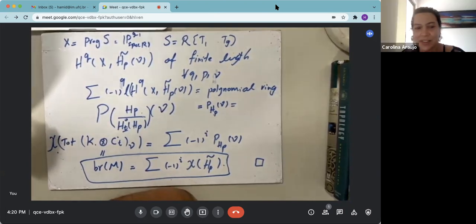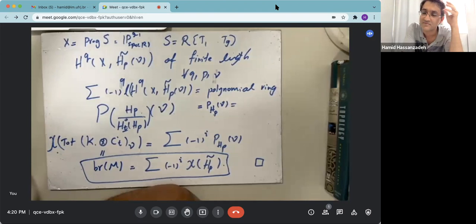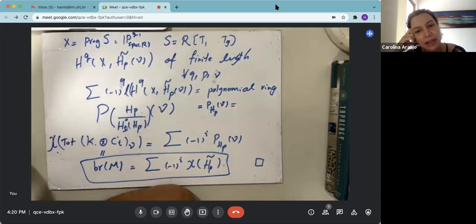Are there more questions for Hamid? I have a very naive question. Whether this can have some geometric realization within foliations, do you think this may have some geometric manifestation there?